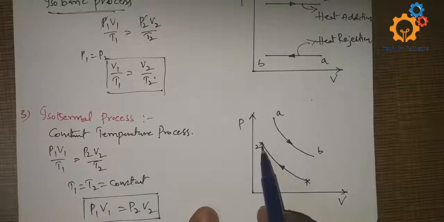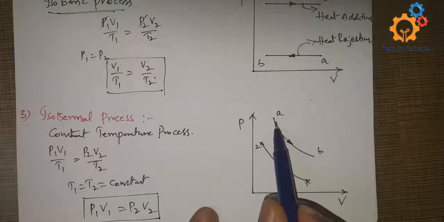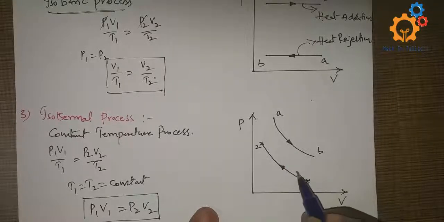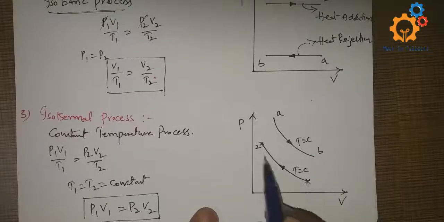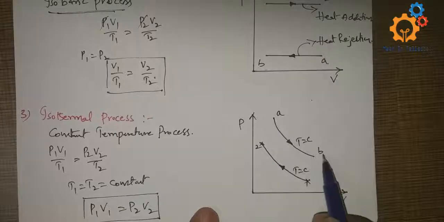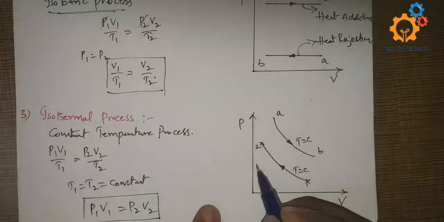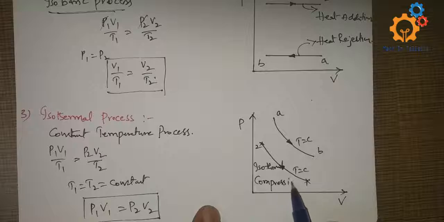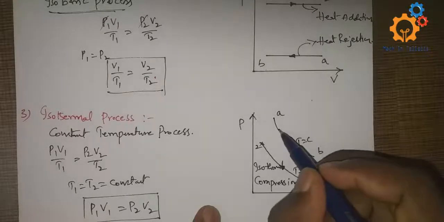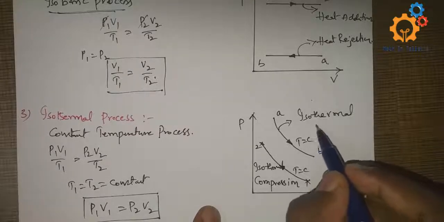These are isothermal lines, but here the process is going from 1 to 2, and here the process is going from A to B. This 1 to 2 is isothermal compression, and this is isothermal expansion.